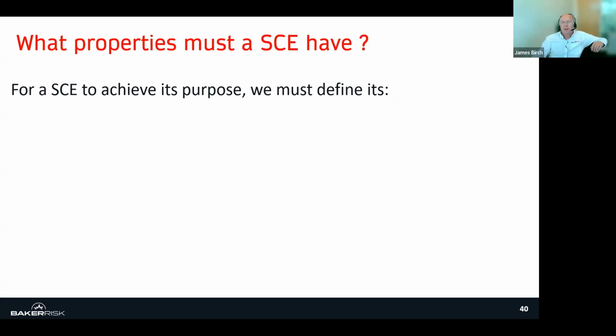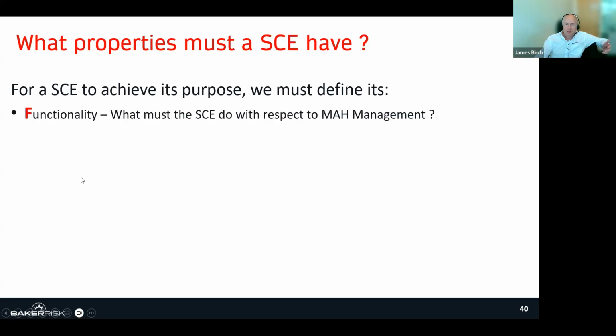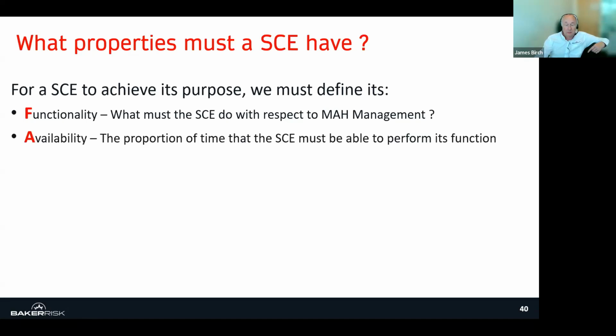So for an SCE to achieve its purpose, we've got quite a lot of things to define. The first thing is its functionality. What must it actually do with respect to the MAH event? Next, how available is it? This is the proportion of time that it will be able and ready to perform its function.